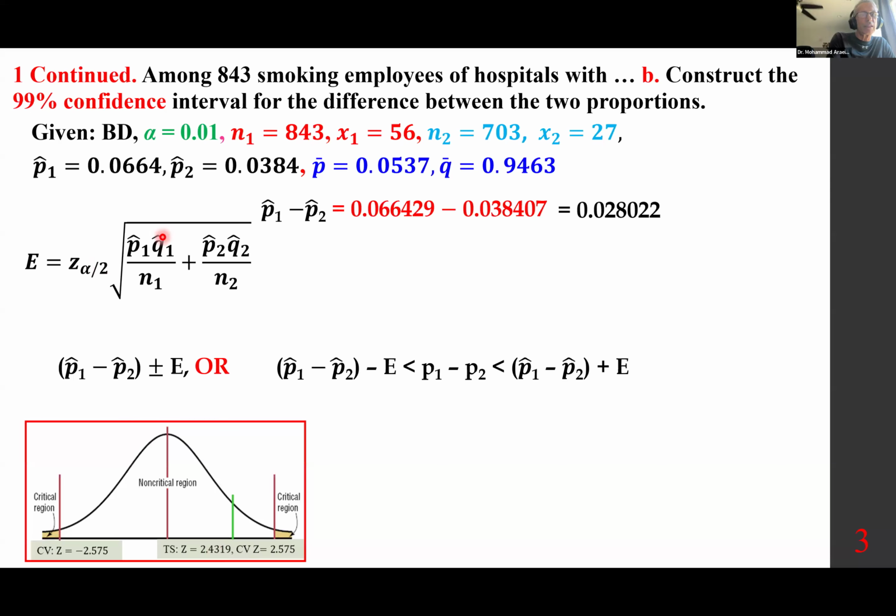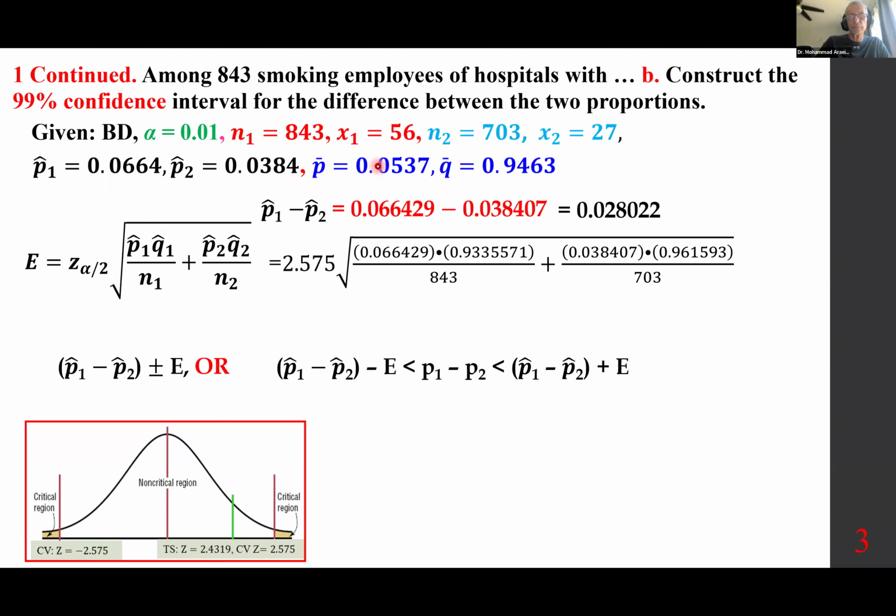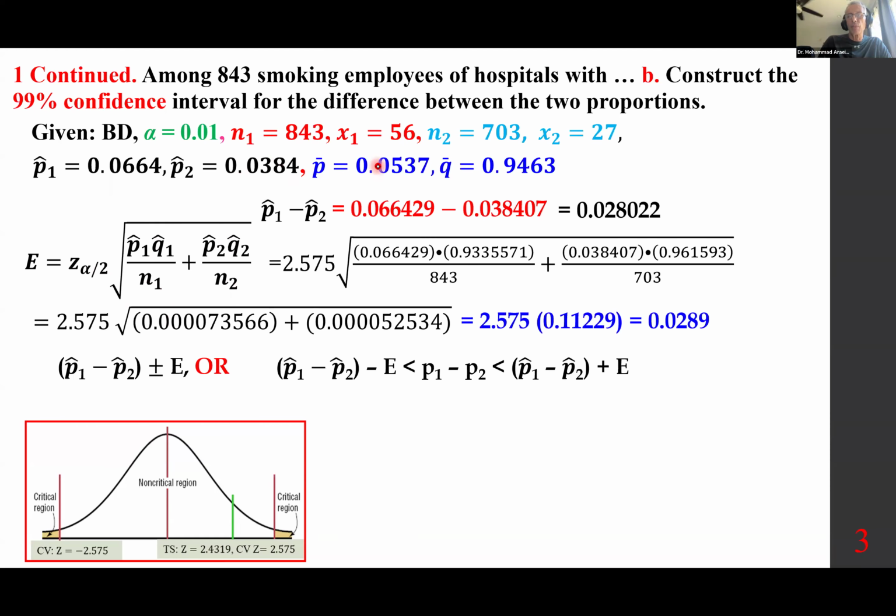P1 hat, Q1 hat, N1, N2, everything is here, plug it in. And of course, after you put it into the calculator, this is what you get, which means now this number, P1 hat minus P2 hat, plus or minus this number, which is E.